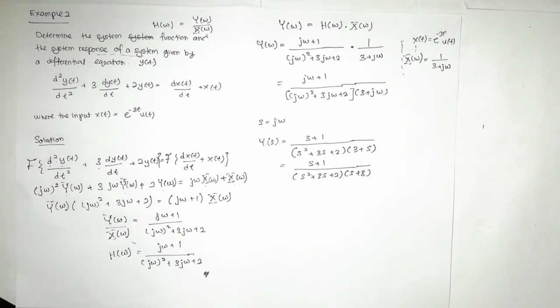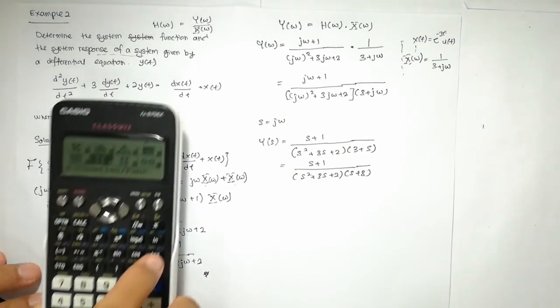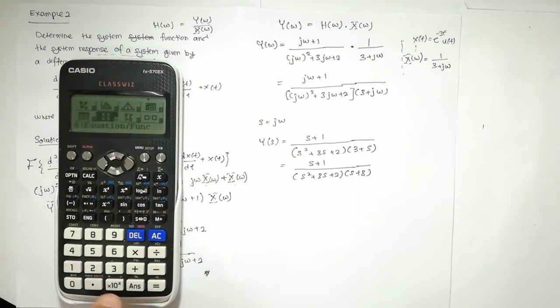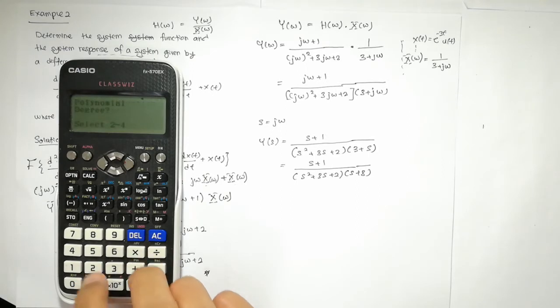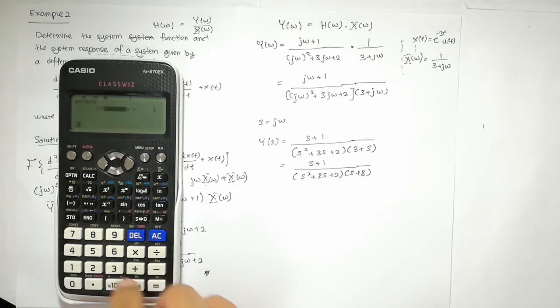We will go to equation, polynomial, the degree is 2, and then we just plug into the equation for x²: we have 1, and then 3, and then 2.